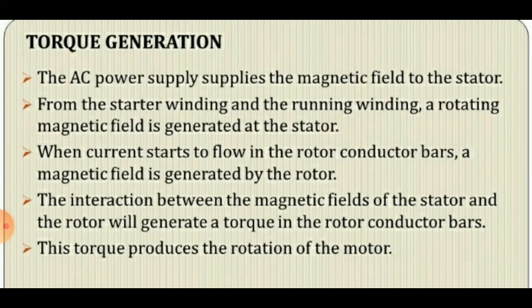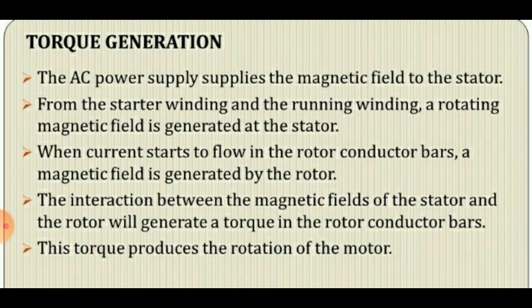Then the torque generation. The AC power supply supplies the magnetic field to the stator. From the stator winding and the running winding, the rotating magnetic field is generated at the stator.